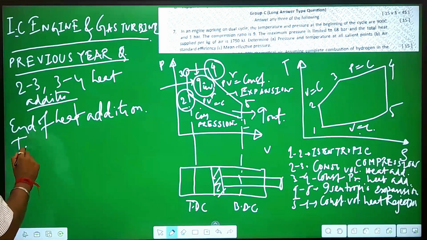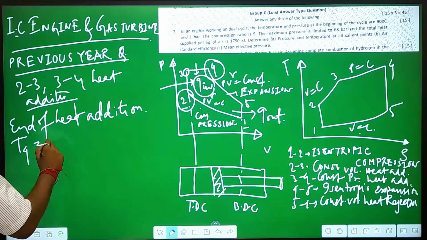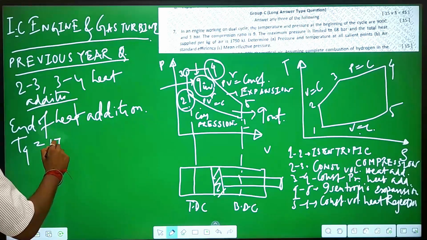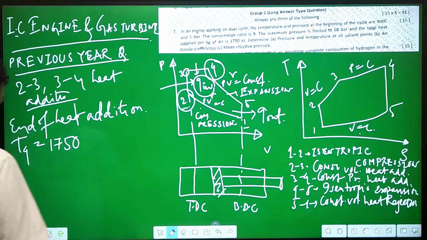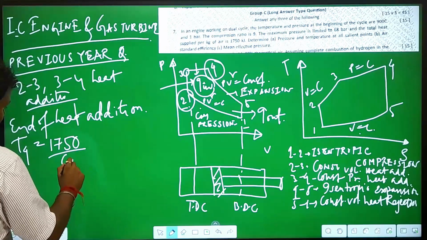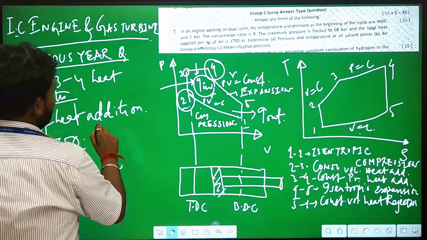T4 is equal to 1750 by Cp. And what is 1750?